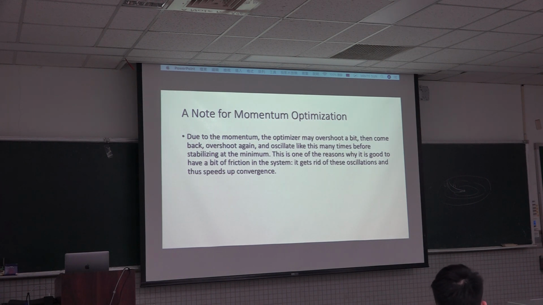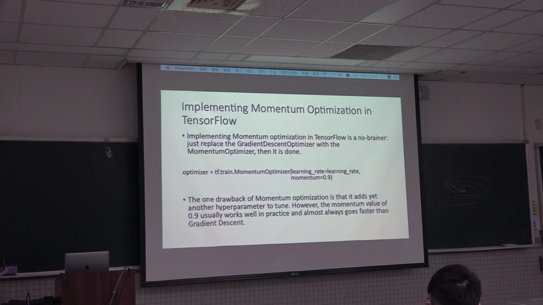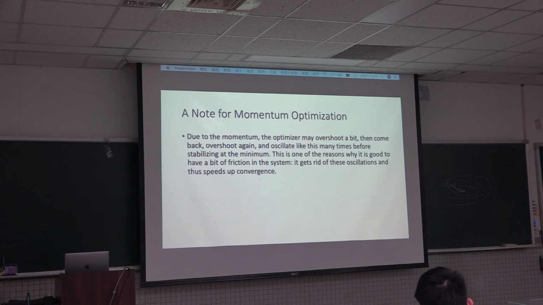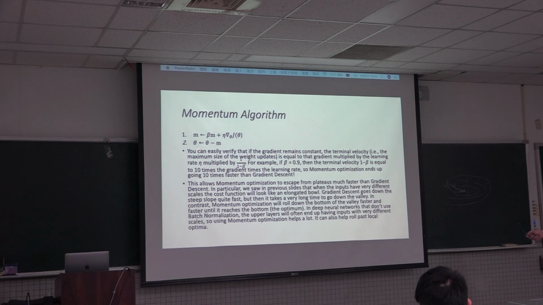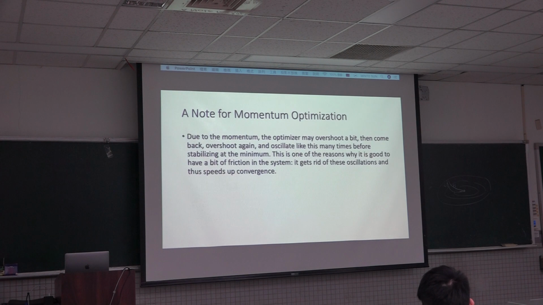So this is how we implement the momentum optimizer in TensorFlow. It's quite straightforward. Just use the momentum optimizer instead of the gradient descent optimizer. We have a learning rate just like previously, and we have one more hyperparameter, momentum equals 0.9. This momentum is the beta value in this formula.